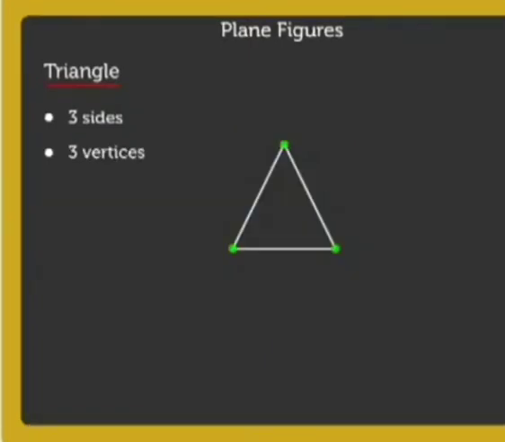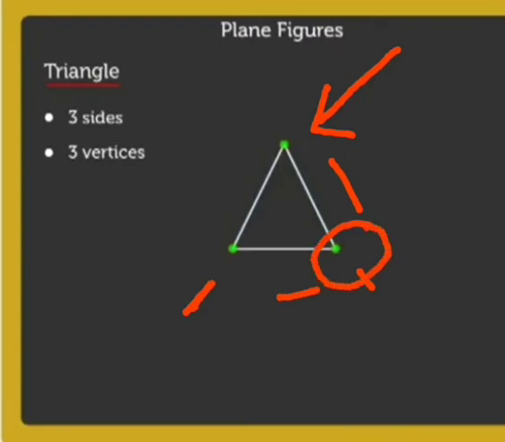Can you see here a point highlighted with green color? These are corners. Children, a corner is a point where 2 lines meet. Can you see this line and this line? It is meeting at this point. So this is called as corner.